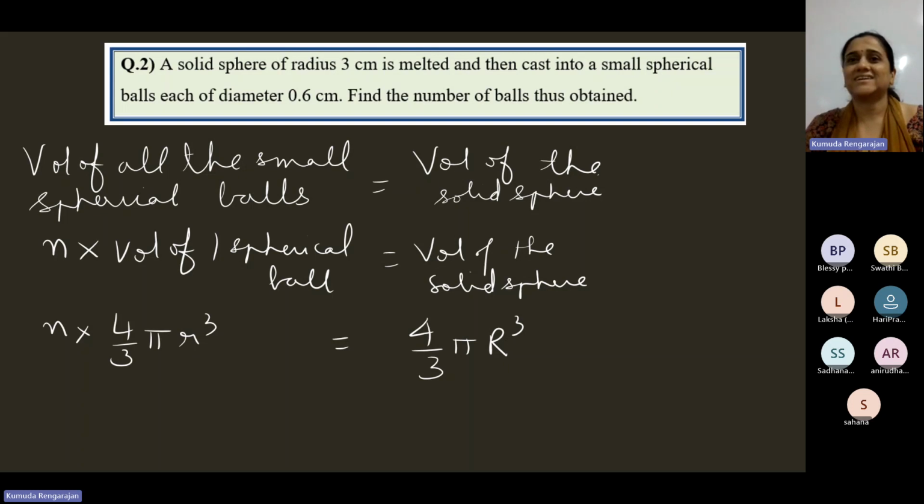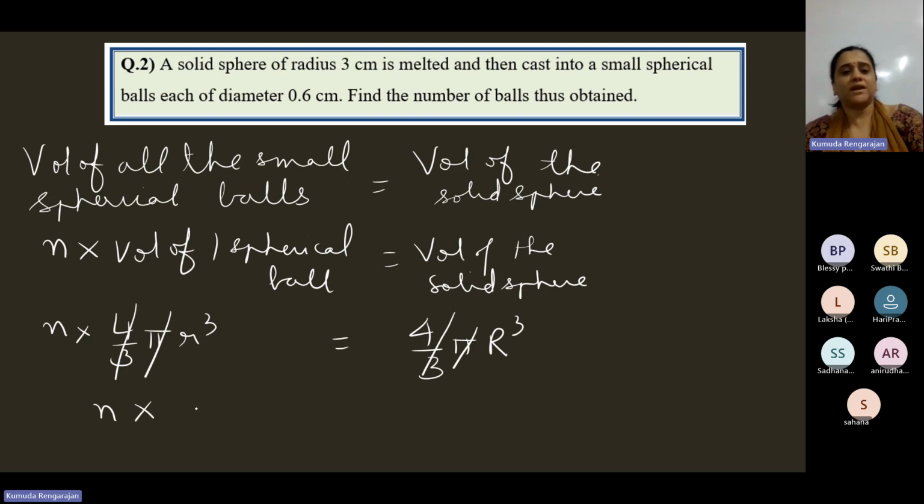This is also a sphere, that's also a sphere. So for the same formula, cancel the formula. In the formula, the R is different. This sphere has small r, there capital R, or R1, R2. So what will get cancelled? 4 by 3, 4 by 3 gets cancelled. Pi and pi gets cancelled. So n into r cube.